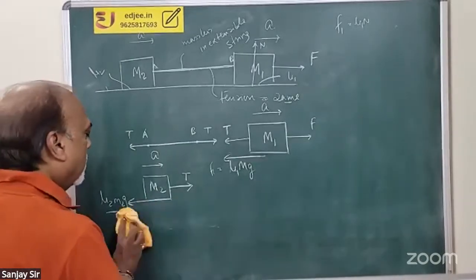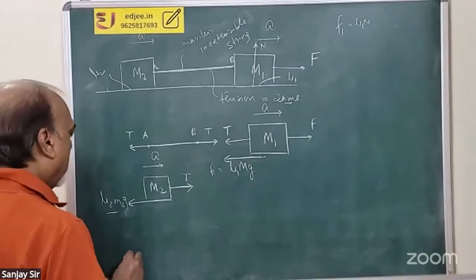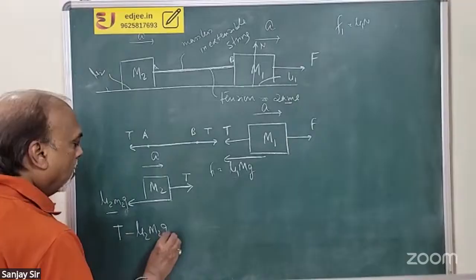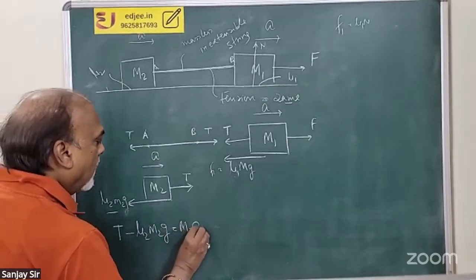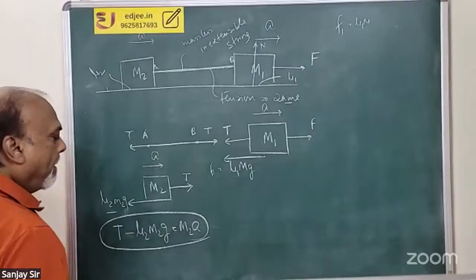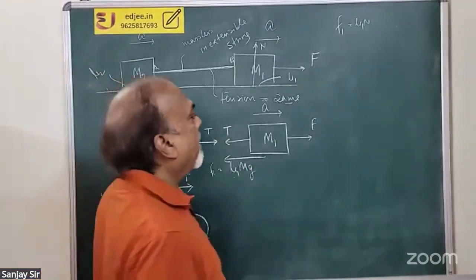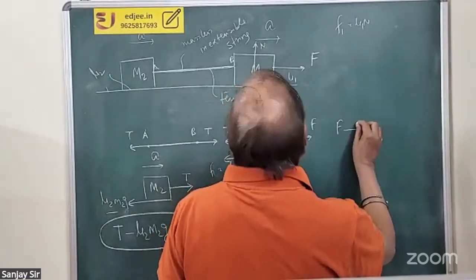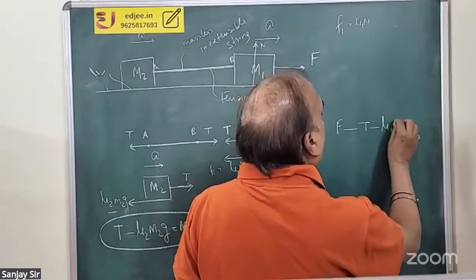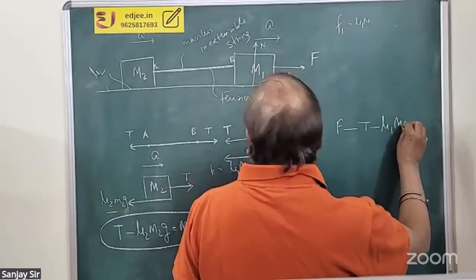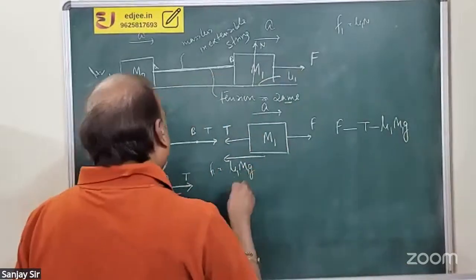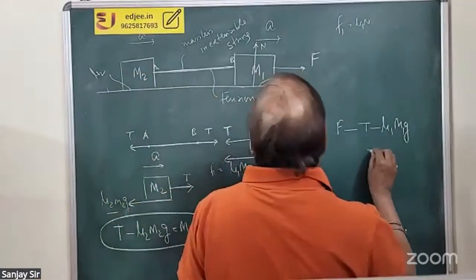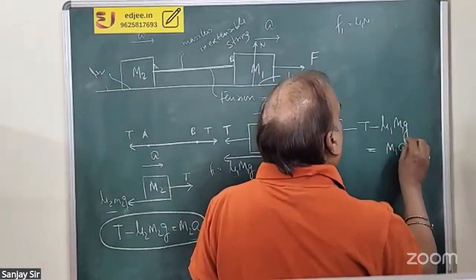If you write like this, T minus, this is your, correct. Here, F minus T minus mu1 m1 g. Here m1 g, here m2 g. Of course, this is equal to m1 a.